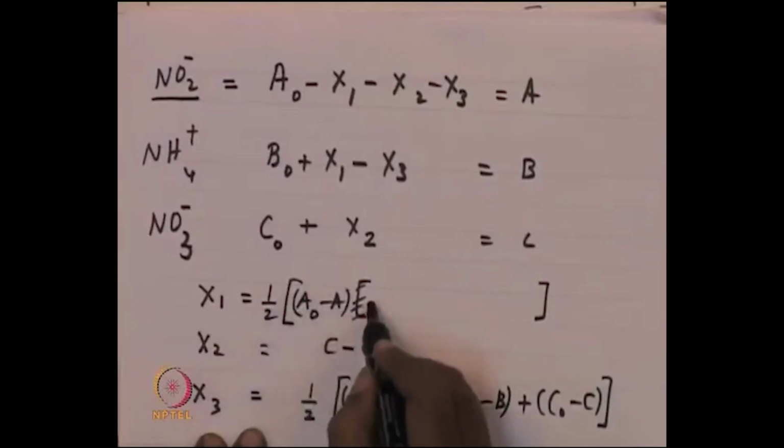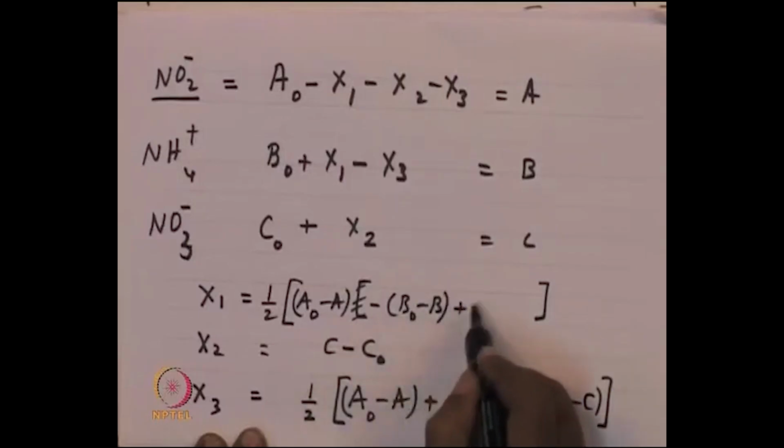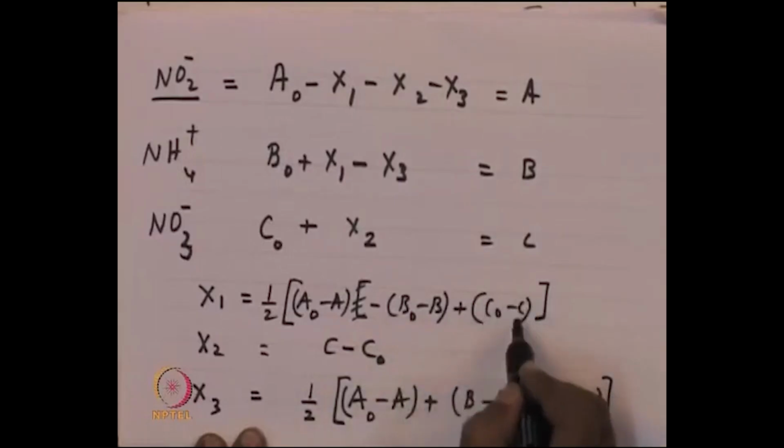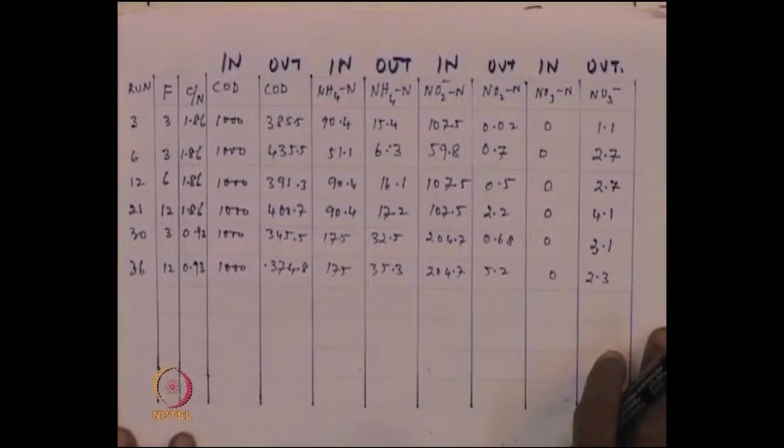Please solve the algebraic equation and tell me whether this is okay. Now that the data is given, can we now find out what is x 1, x 2 and x 3? Is this clear?